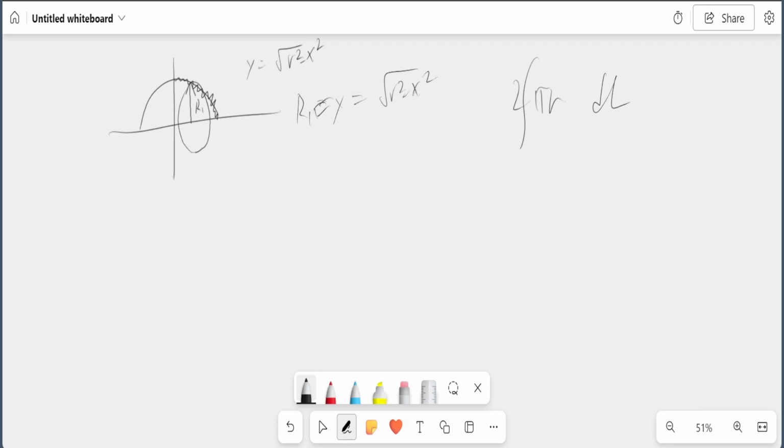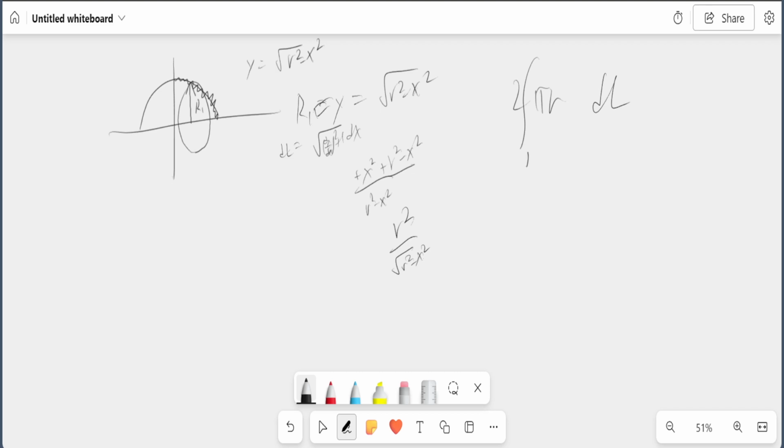And then dl is equal to the square root of (dy over dx) squared plus 1, dx. dy over dx is negative x over the square root of r squared minus x squared. Is it? Yes. Squared, so there's no square root down there. So that's r squared over r squared minus x squared, plus 1, but then we square root that to get dl.